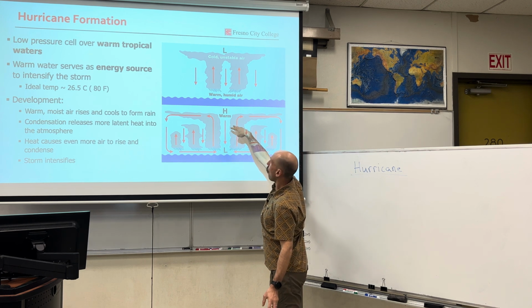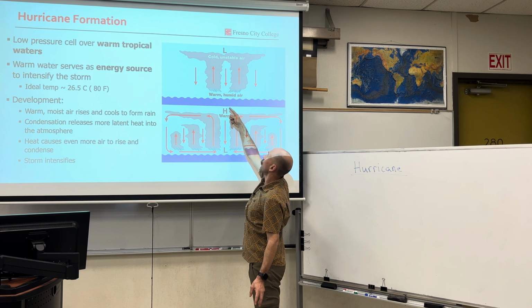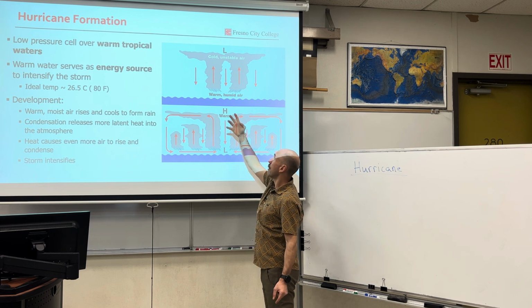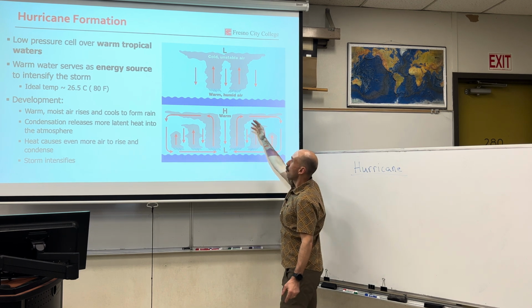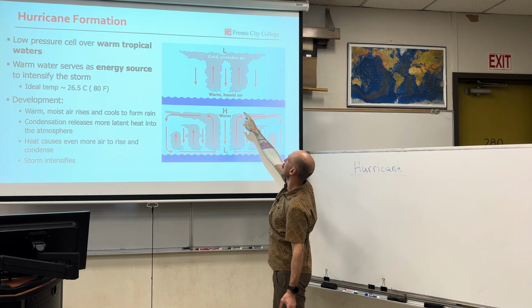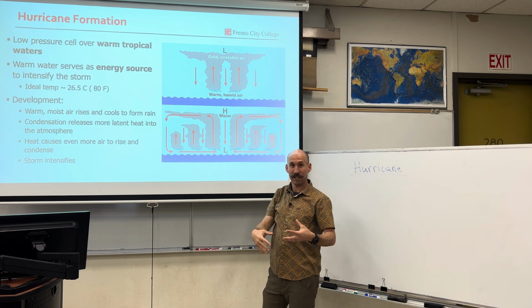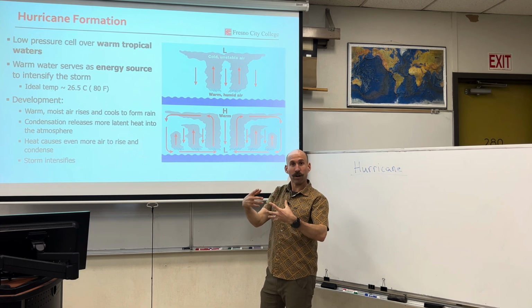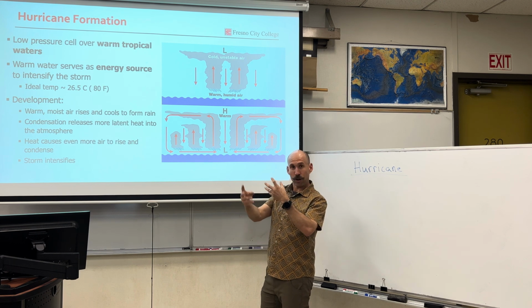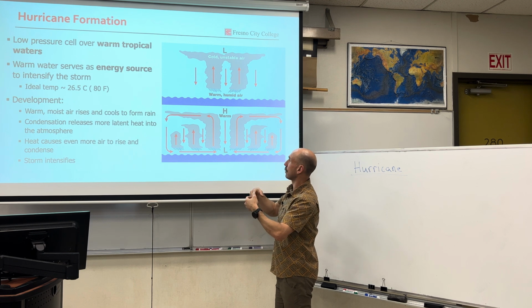The rain falls back down and interacts with the warm, humid air at the bottom that further intensifies. So warm, moist air rises, cools to form rain, it condenses. The latent heat of that condensation actually creates more heat, which leads to more precipitation, which leads to more condensation. So it's a self-sustaining occurrence.